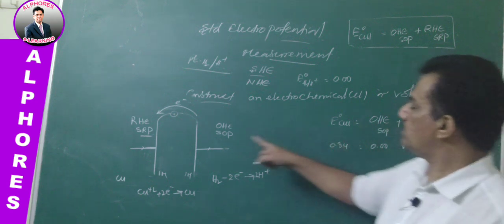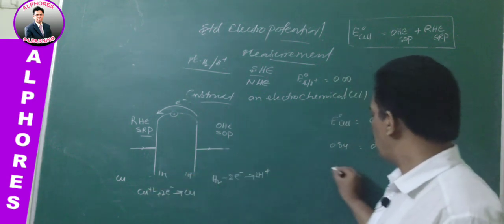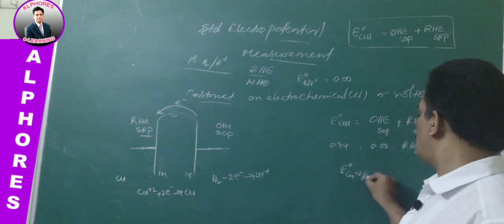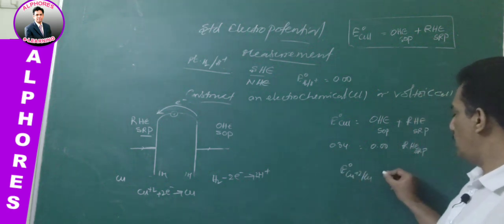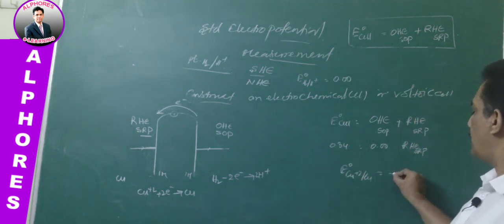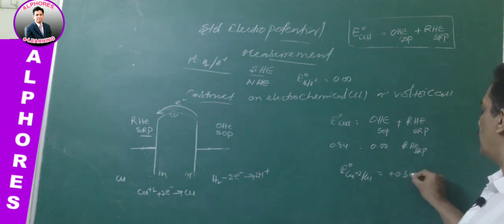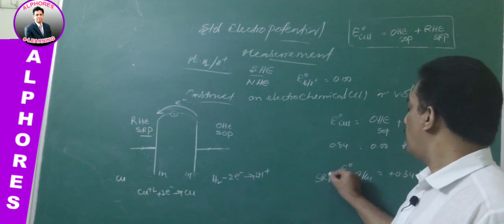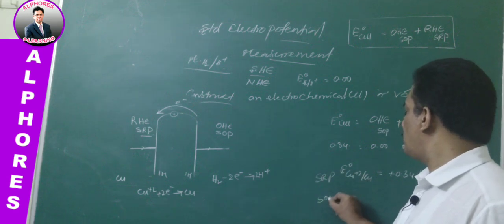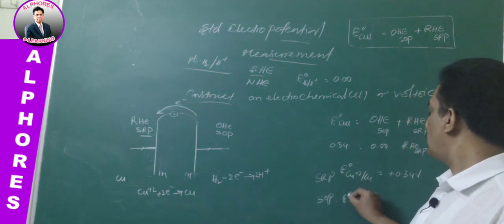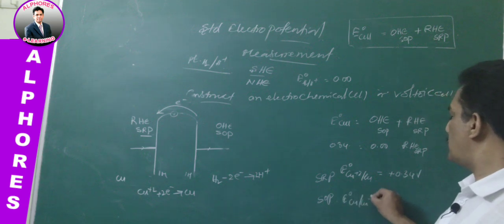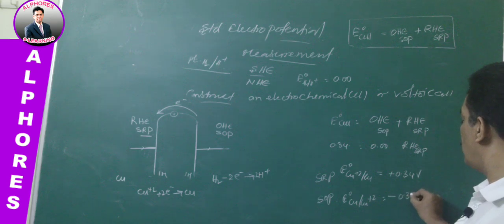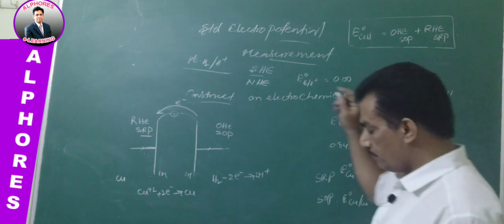That RHE is nothing but copper. So E naught Cu plus 2 to Cu, that is the reduction potential of copper at standard condition, is 0.34 volts. So once SRP is known, to get SOP, that is E naught Cu to Cu plus 2, the value is minus 0.34 volts.